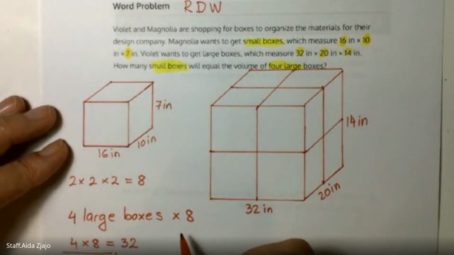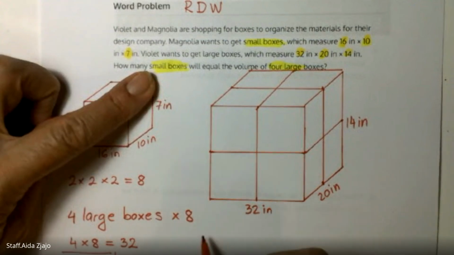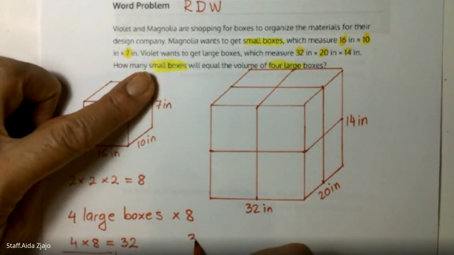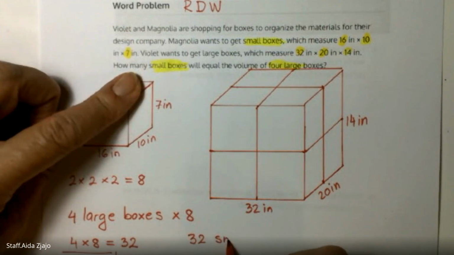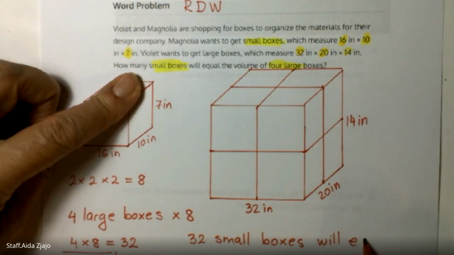So we can say 32 small boxes will equal the volume of 4 large boxes.